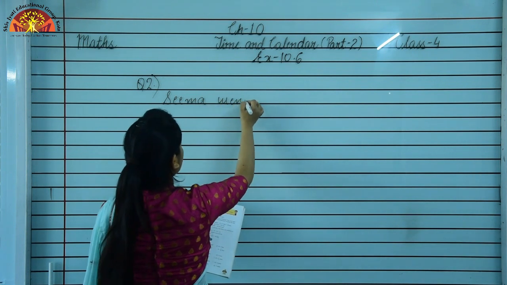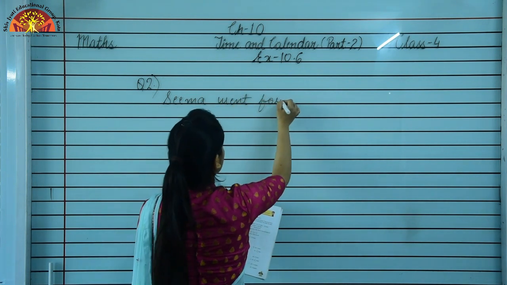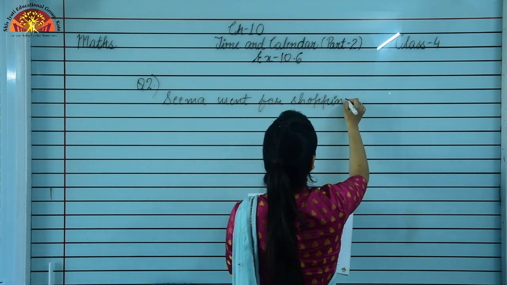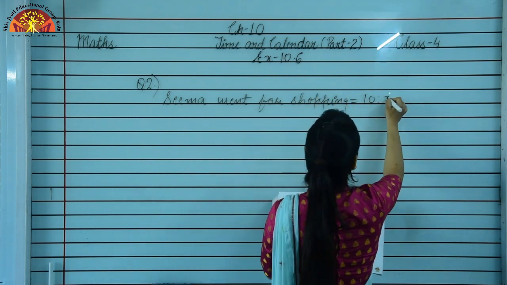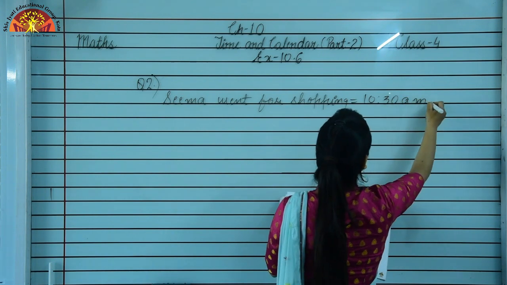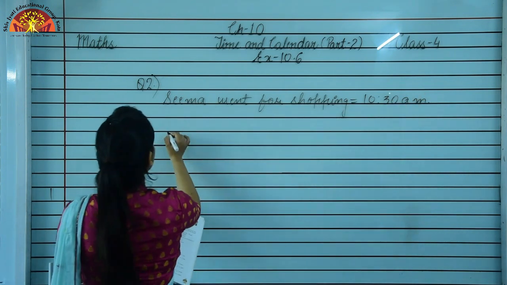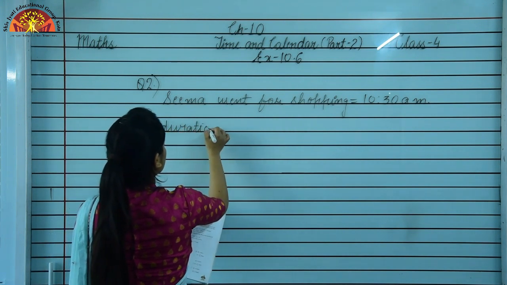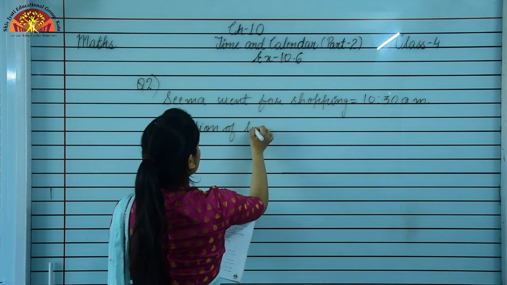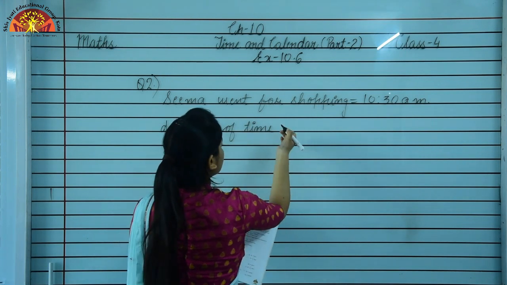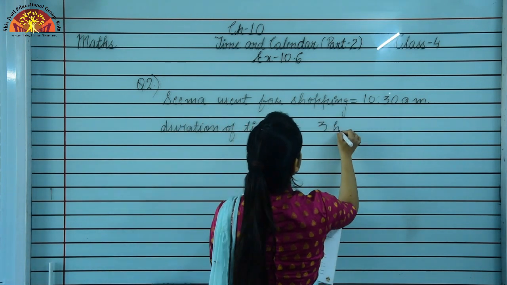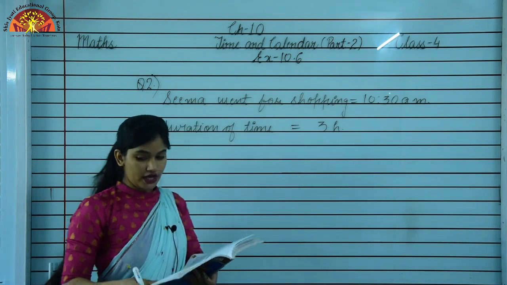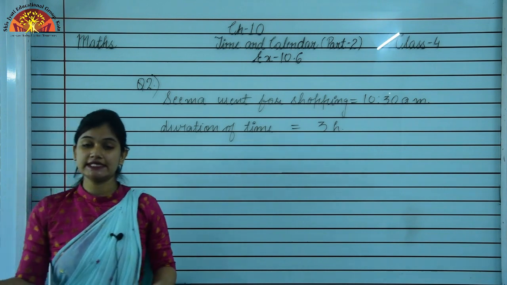Seema went for shopping at 10:30 a.m. Then duration of time is 3 hours. Okay, she is coming back after 3 hours. Now we have to find the time when she is coming back.